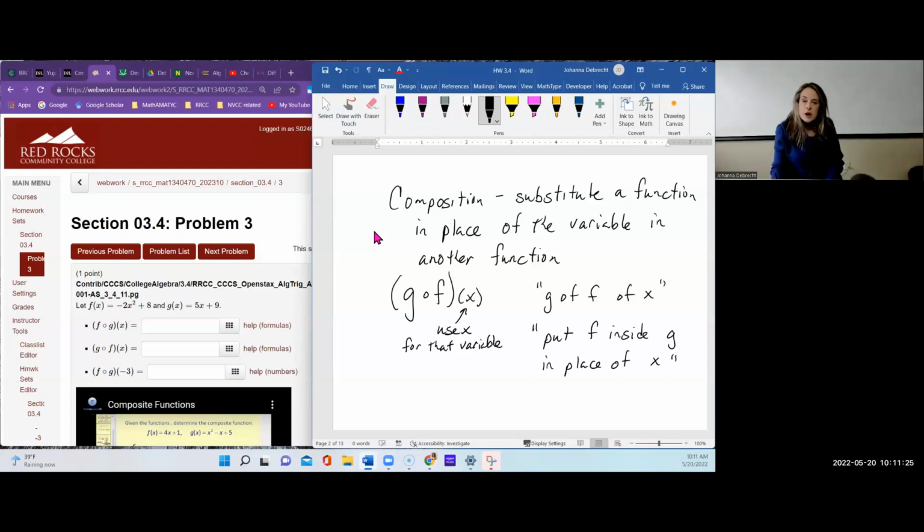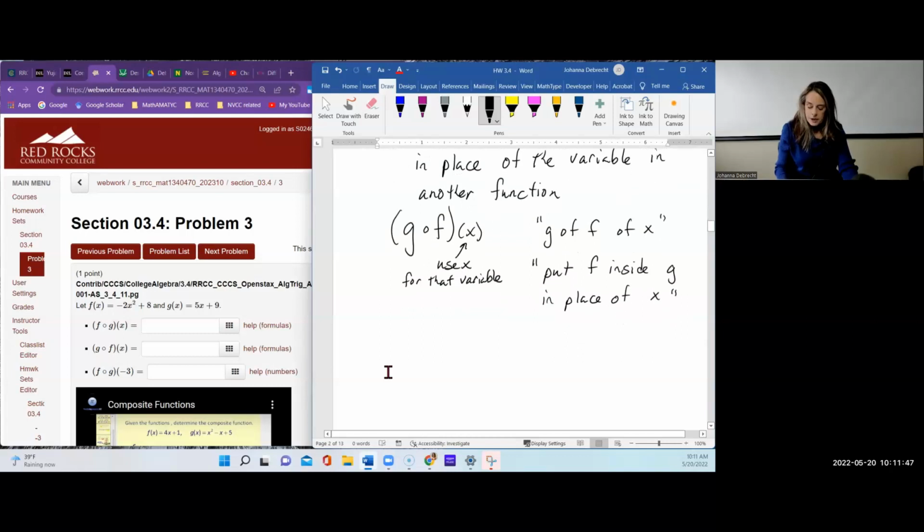In this case, we know which one goes in which one because of the order in which they're written. The one that is written first, in this case the g, is called the outside function. And the one that is written second is called the inside function. We put the inside function inside of the outside function.